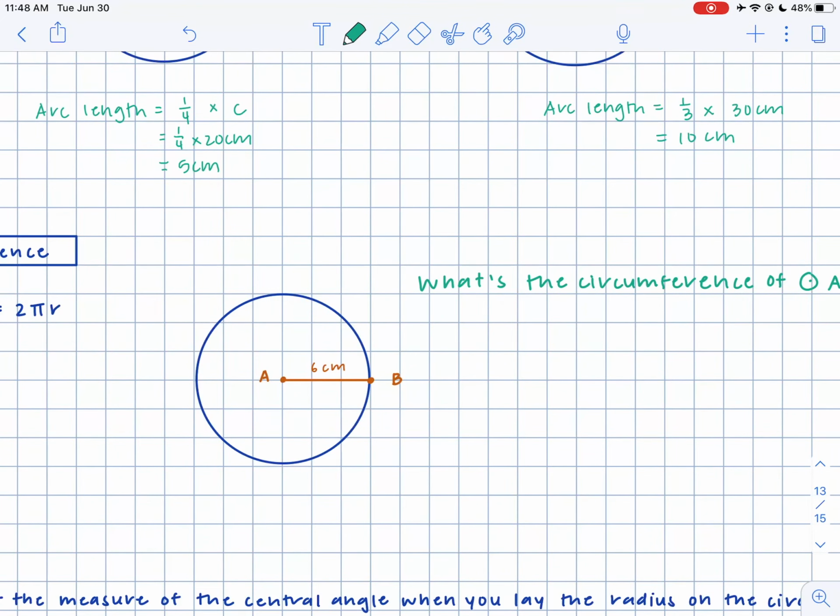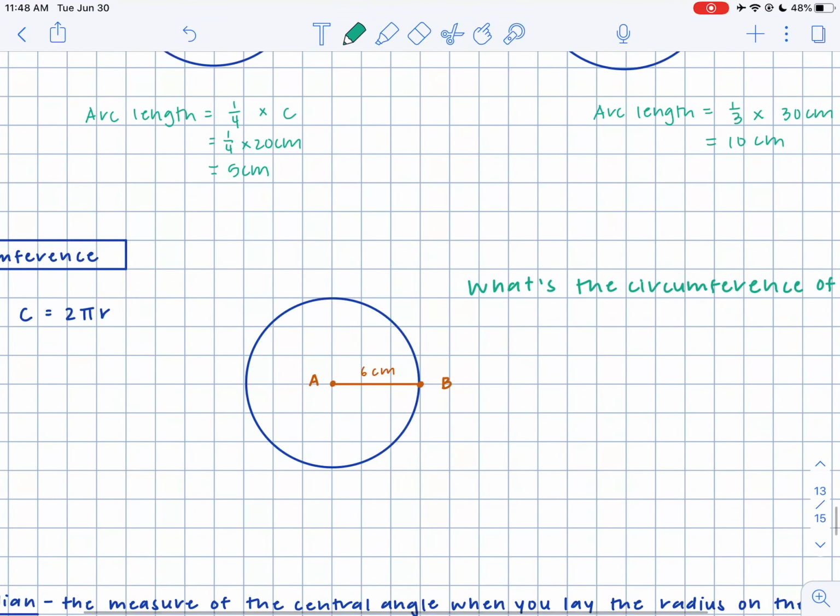Okay, so let's try to calculate the circumference of circle A. Well, we know that circumference equals 2 pi r. 2 pi, we can leave as is, and in this case the radius is 6 centimeters.